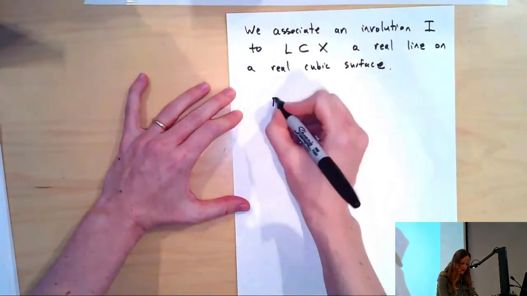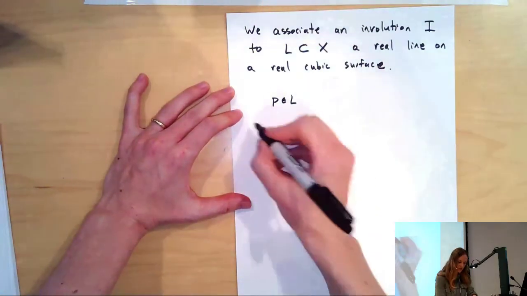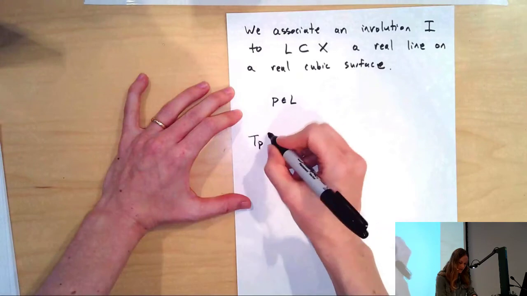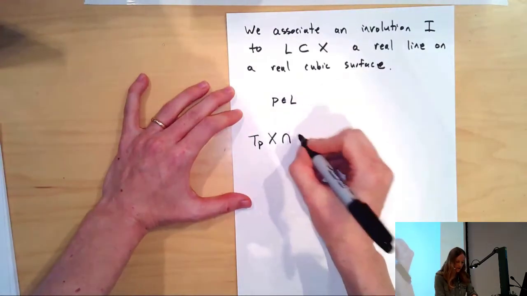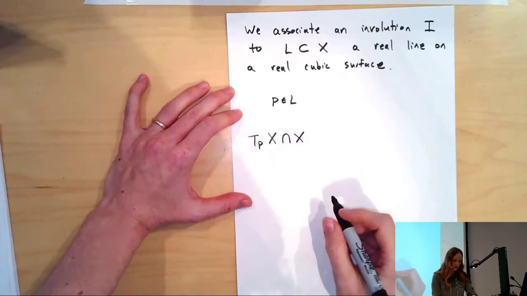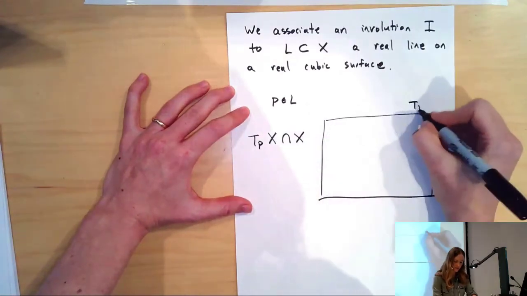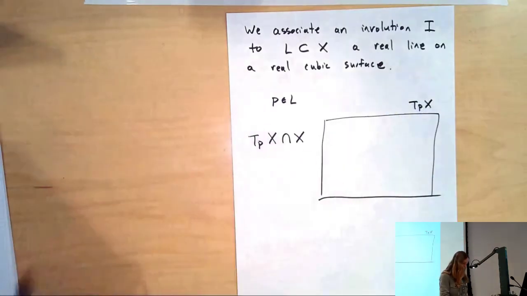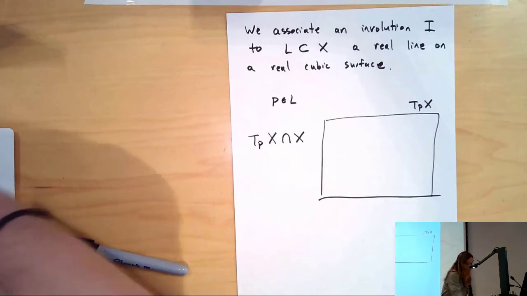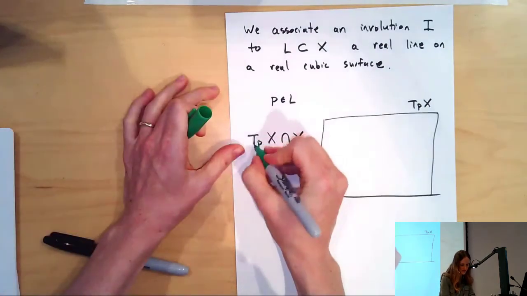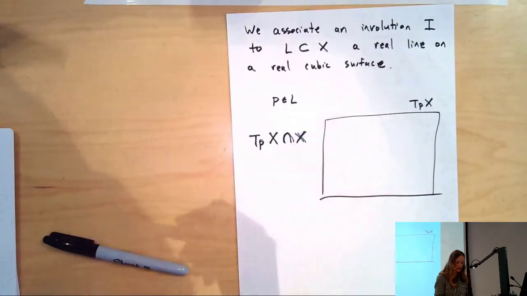We'll take P on the line, and we want to know what its value is. So we'll look at the tangent space to X at P. That's a plane. And if we intersect with X, so here's our plane, then T_P X intersect X is some cubic plane curve.